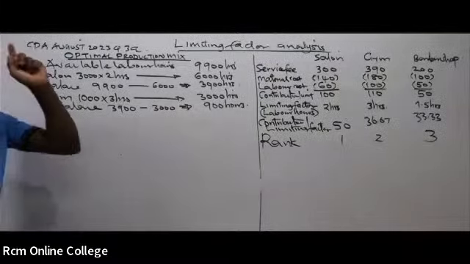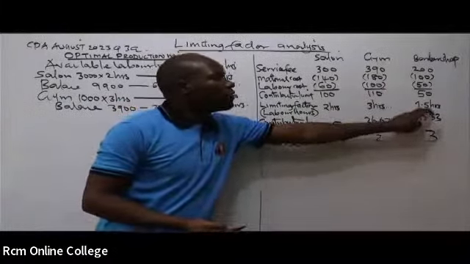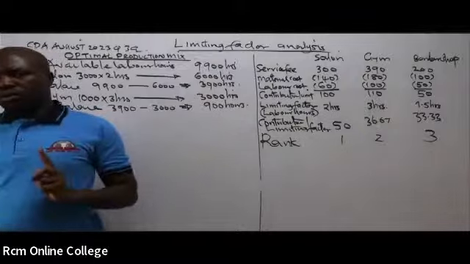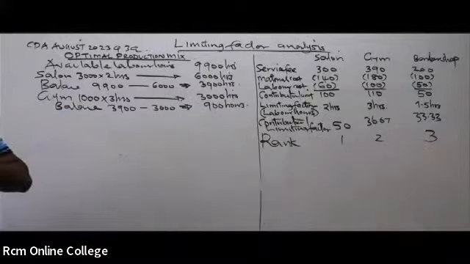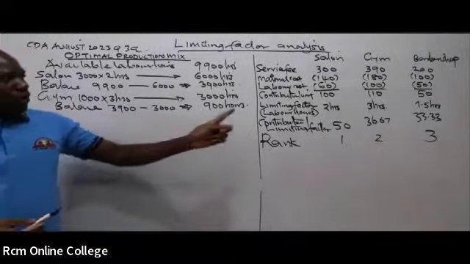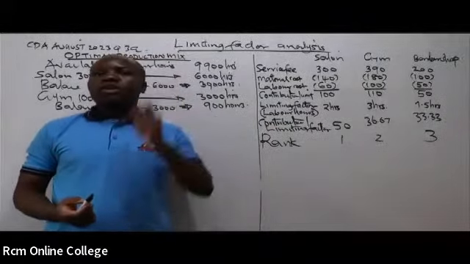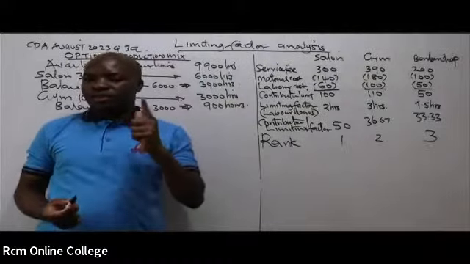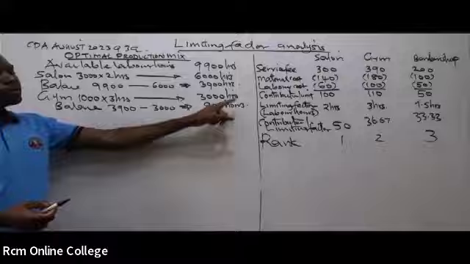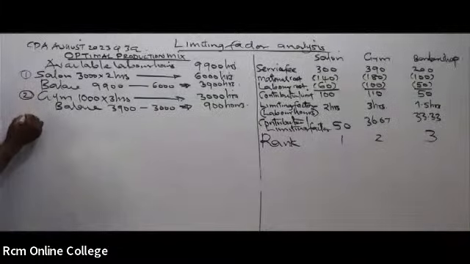Now, in the barber shop, which is number 3, we need 1.5 hours per client times 1,500 clients, which will be 2,250. And since whatever is remaining is less than 2,250 hours, we do not use the approach we used for the salon and the gym. We now get to number 3, that is the barber shop.